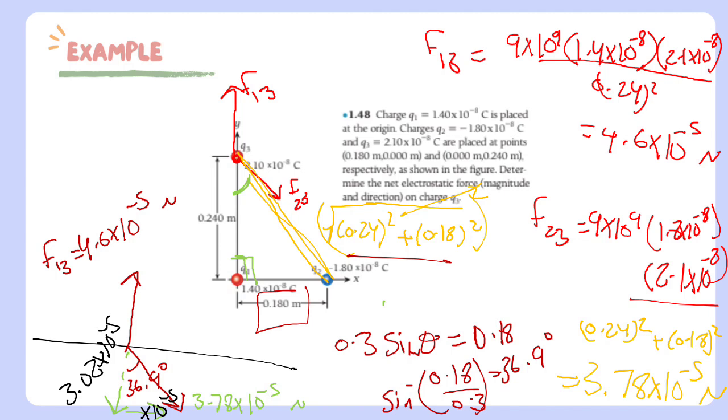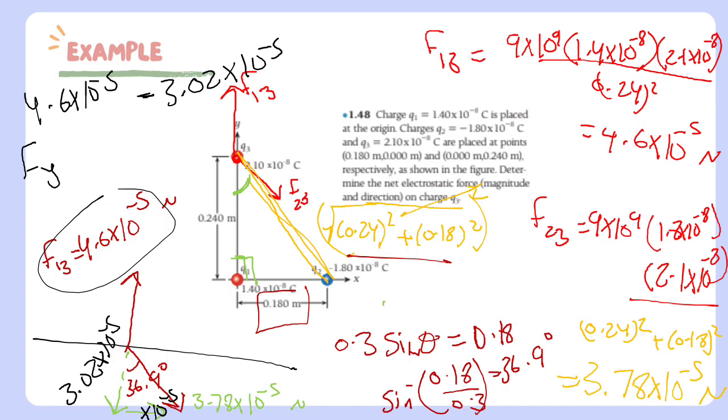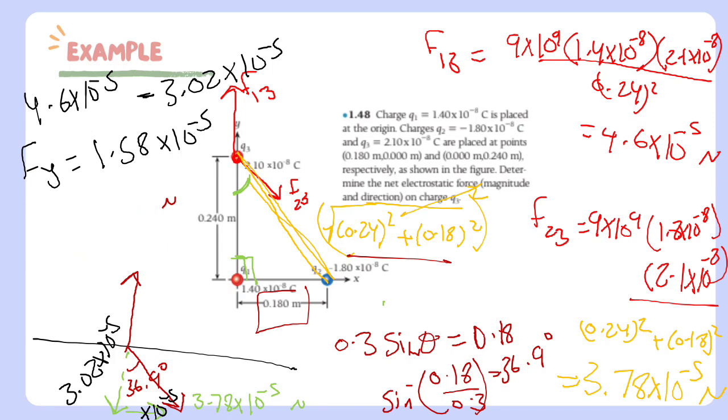And so I will do 4.6 times 10 to the power of negative 5 minus this number, 3.02 times 10 to the power of negative 5. So the force on the y-axis will be 4.6 times 10 to the power of negative 5 minus 3.02 times 10 to the power of negative 5, which gives a value of 1.58 times 10 to the power of negative 5. And the force on the x-axis we have already found, which is Fx equals 2.3 times 10 to the power of negative 5 Newton.